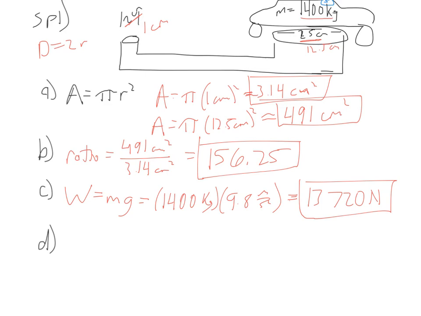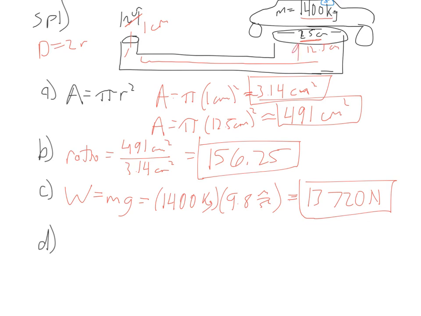All right. And lastly, part D. What force must be applied to the input piston to support the car? Recall earlier in this chapter we talked about how the pressure inside of this fluid is the same throughout. So the pressure that's being applied on this side is going to equal the output pressure on that side.